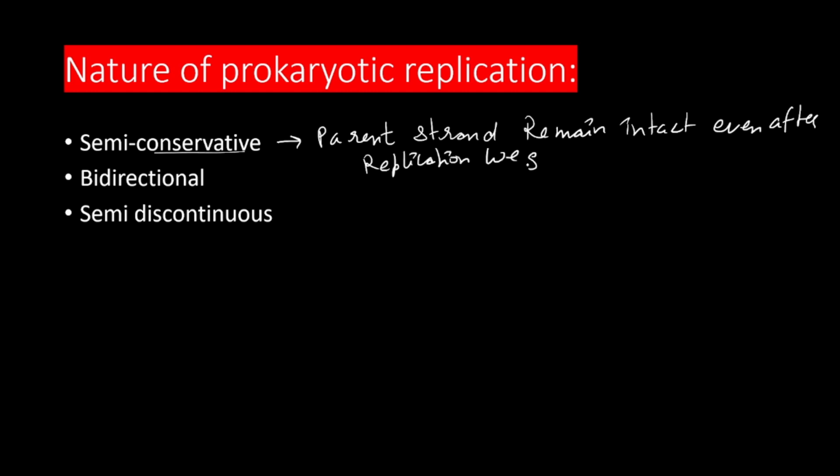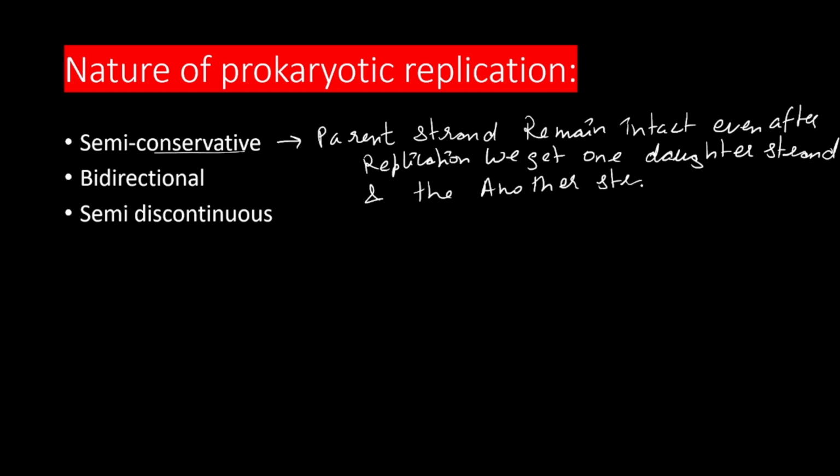We get one daughter strand and the another strand which we get is the parent one. So that property, this nature of prokaryotic replication is known as semi-conservative. That means that one strand will always remain the parent strand.